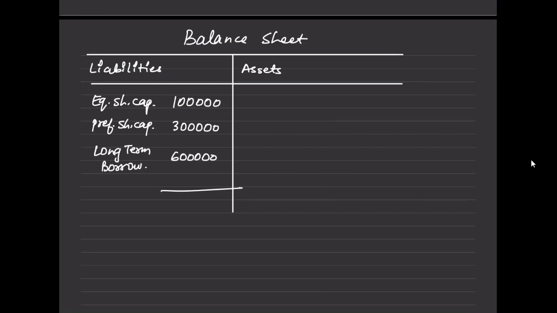Let's say only this we have in our balance sheet. So how much money have I invested into my company? Sir, in the form of equity share 1 lakh, in the form of preference share 3 lakhs, and in the form of long-term borrowings 6 lakh. Total money invested is, my friends, 10 lakh rupees.